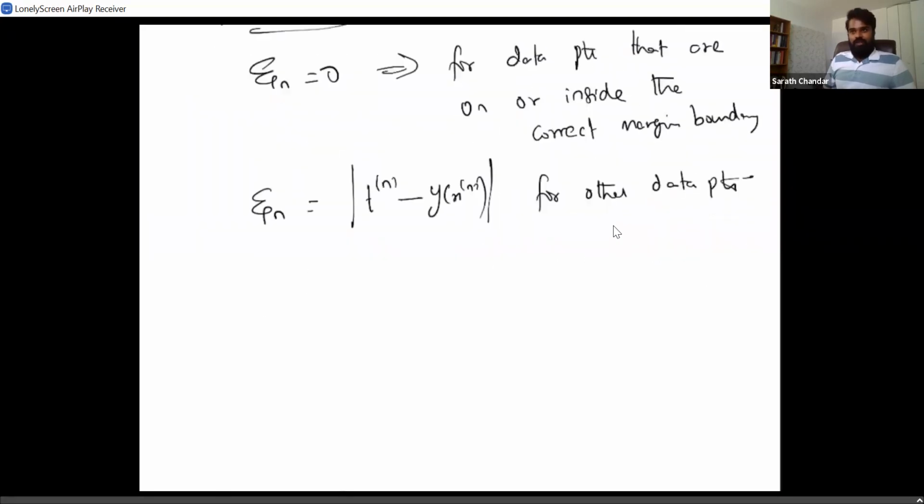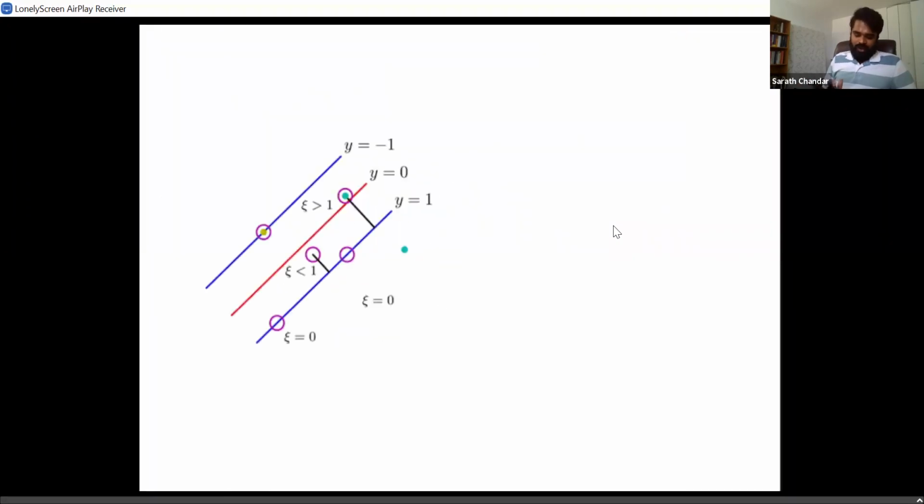Okay, so now let's look at an example. Here is an example where we're going to consider this margin. If a data point lies in the margin, epsilon is 0. If a data point is inside the margin, epsilon is equal to 0. Now remember epsilon n is equal to t of n minus y of x.